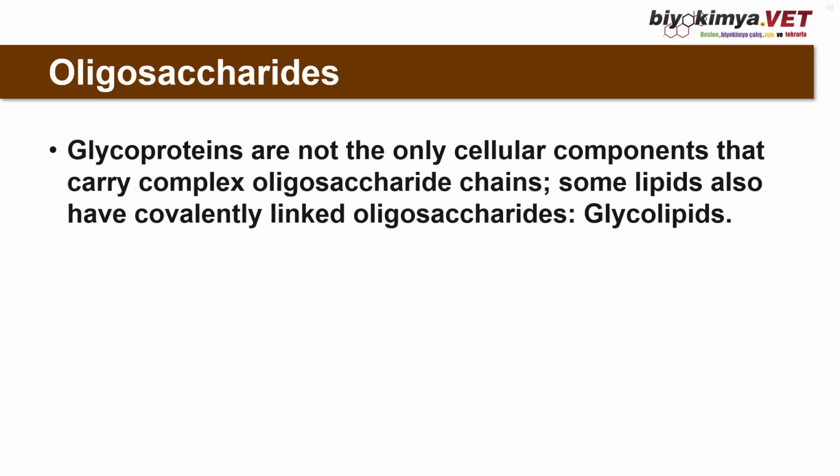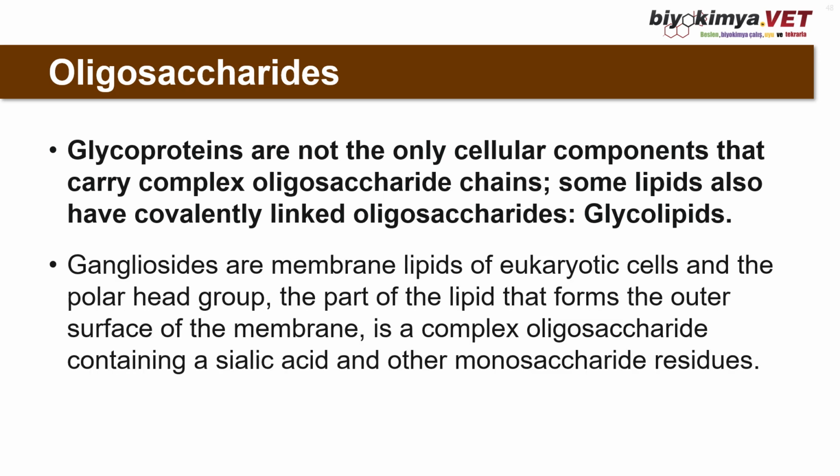Glycoproteins are not the only cellular components that carry complex oligosaccharide chains. Some lipids also have covalently linked oligosaccharides, and they are the glycolipids. Gangliosides are membrane lipids of eukaryotic cells, and the polar head group, the part of the lipid that forms the outer surface of the membrane, is a complex oligosaccharide containing a sialic acid and other monosaccharide residues.